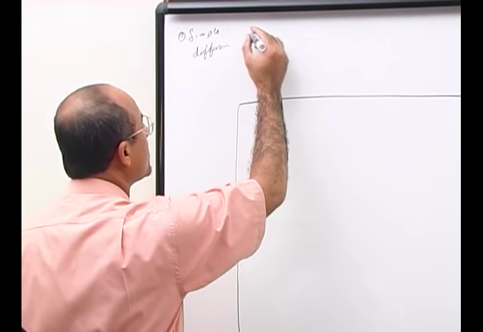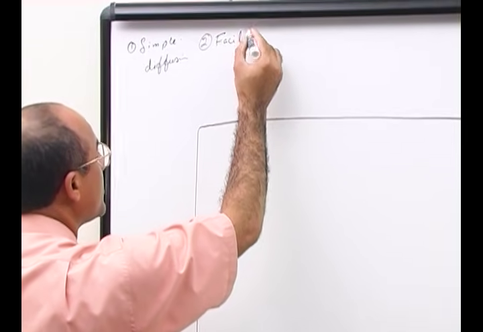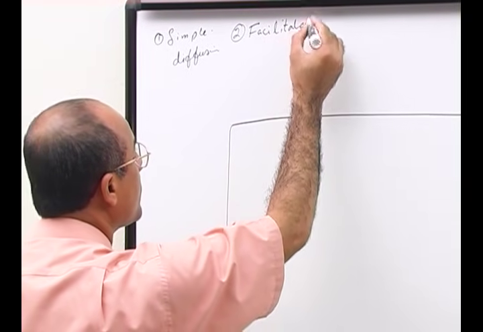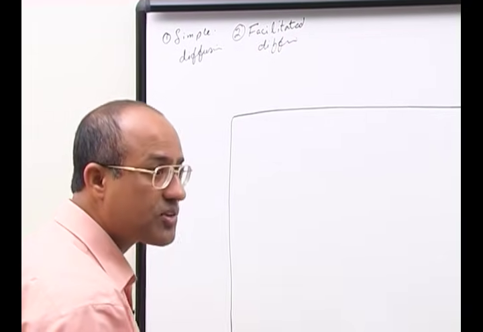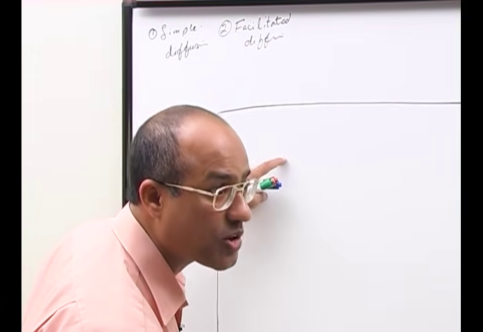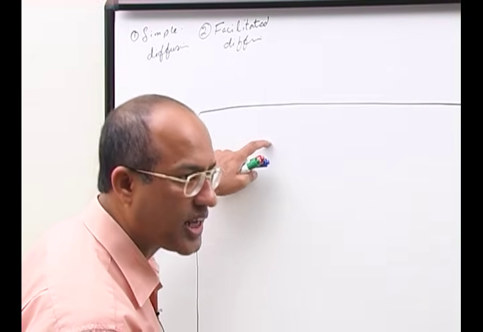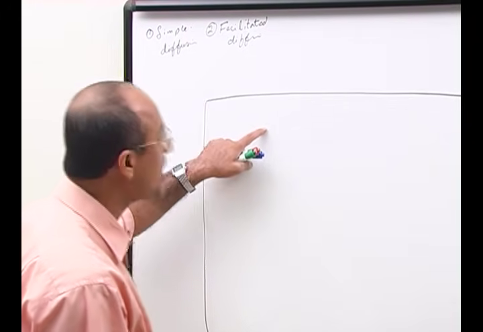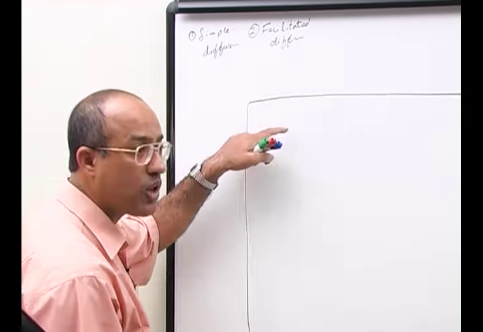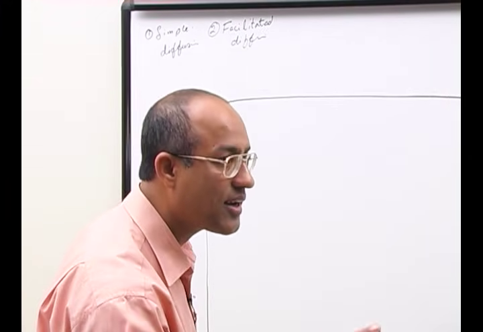Then we talk about facilitated diffusion. In facilitated diffusion, again substances are moving from high concentration to low concentration. Only the presence of special transporters or channels facilitates the diffusion. Because substances are again moving from high concentration to low concentration, we don't need to utilize some sort of energy.